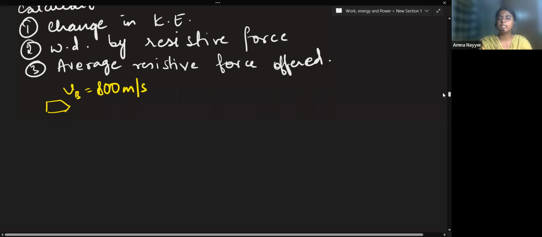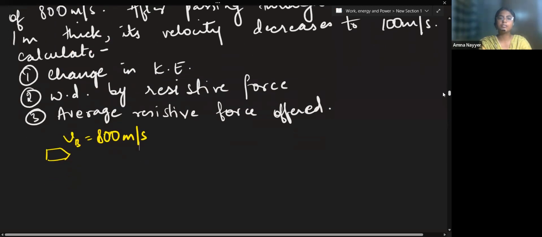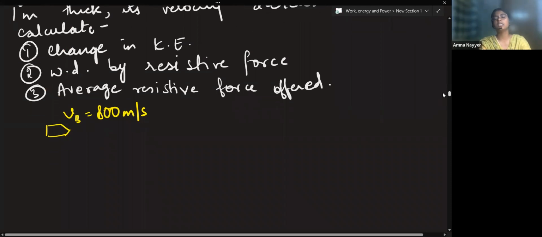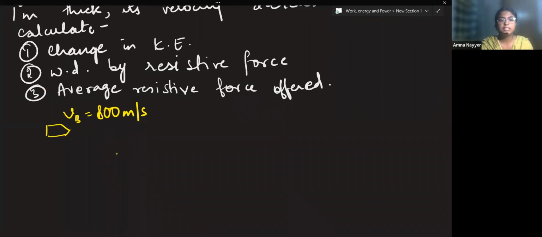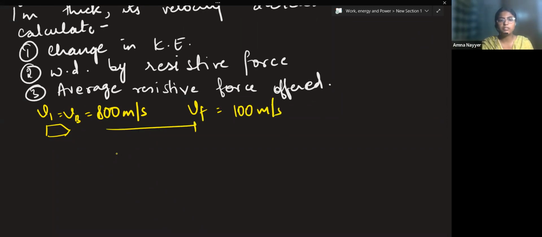Fine. Then it says it passes through a wall which has a thickness of 1 meter, and now the velocity decreases to 100 meter per second. Means this is the initial velocity of the bullet, and the final velocity of the bullet becomes 100 meter per second. And the distance that it had to cover in the wall, the thickness, was 1 meter.